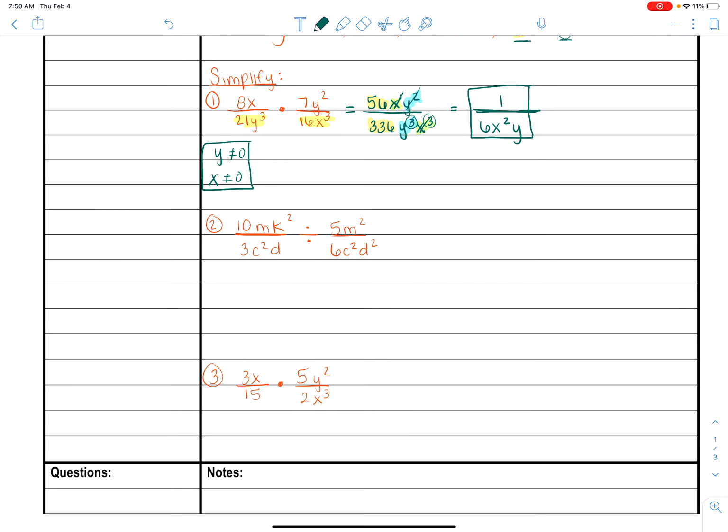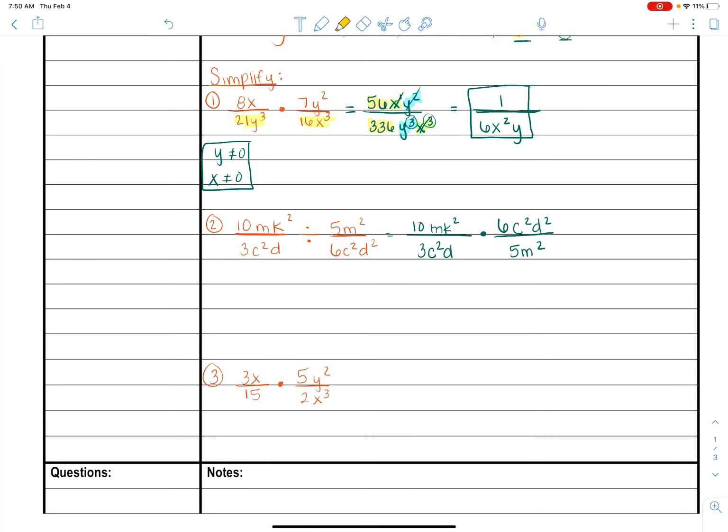So I'm going to keep the original fraction the same. So 10mk squared divided by 3c squared d. Change the divide to times and reciprocate the fraction. So 6c squared d squared over 5m squared.